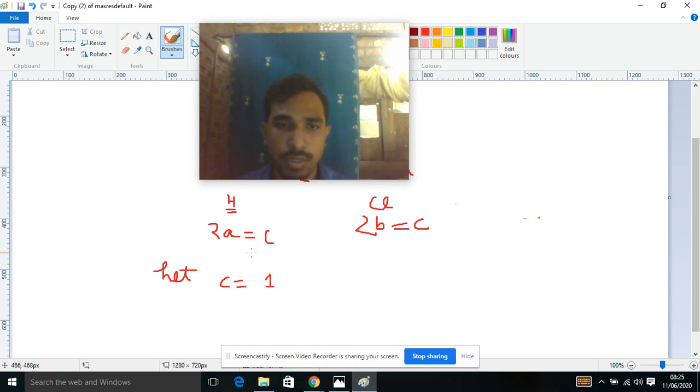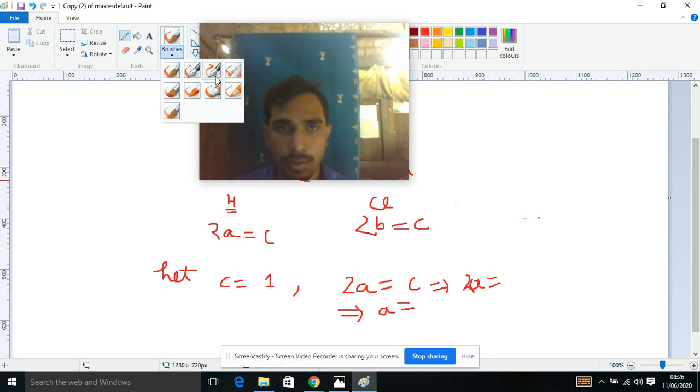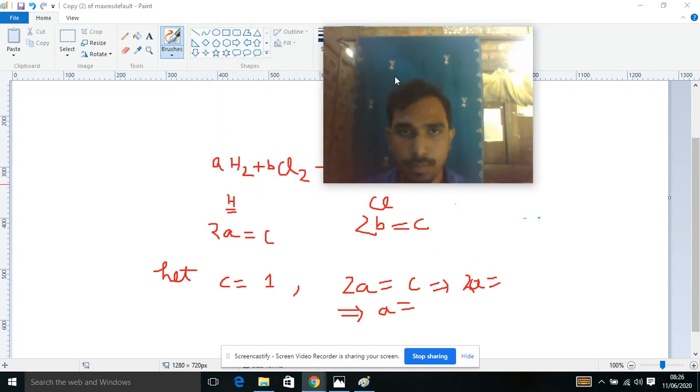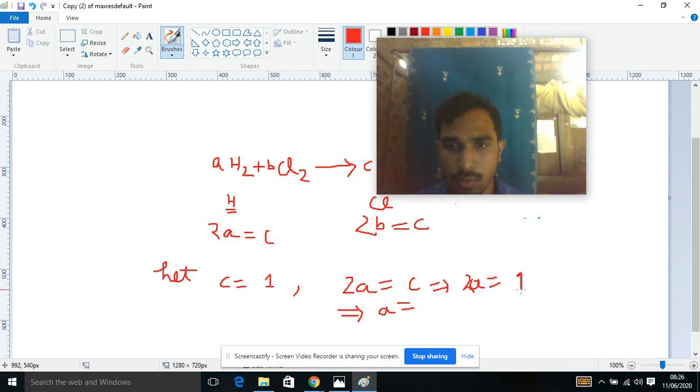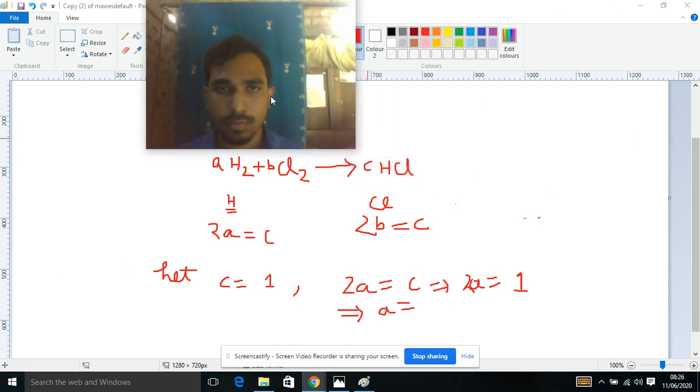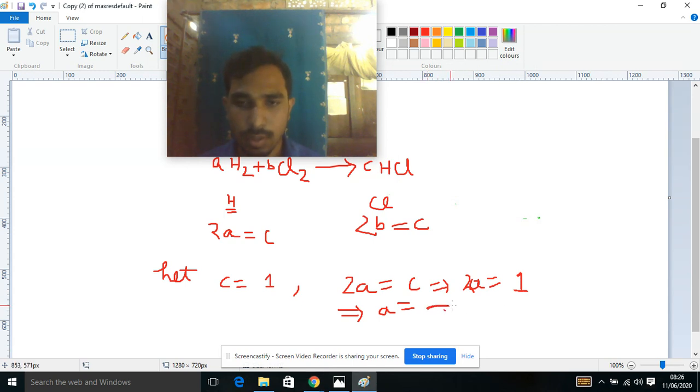So when I put C equal 1 in this equation, I will get twice A equal C. This implies twice A equal 1, this implies A equal 1 by 2, so A equal 1 by 2.